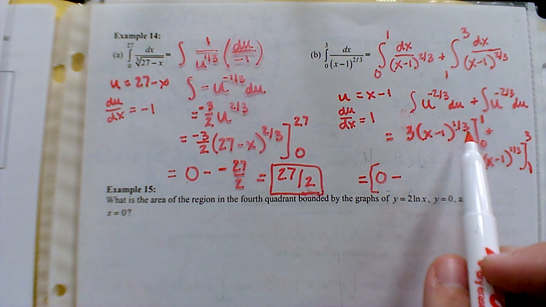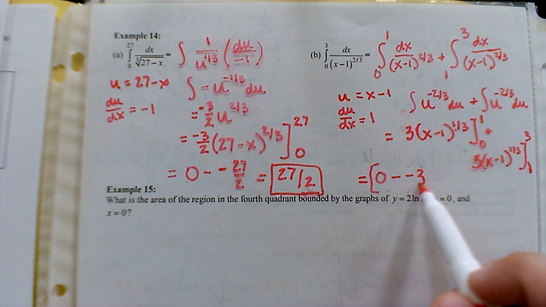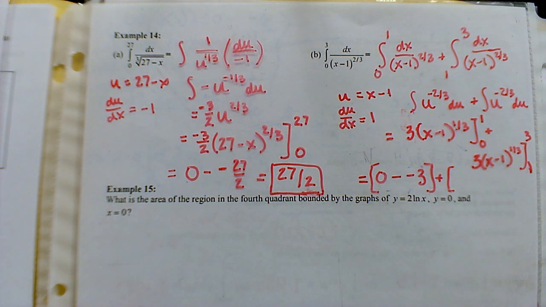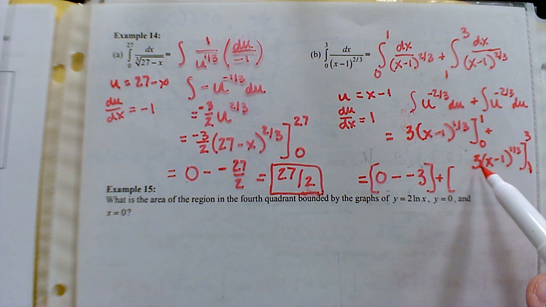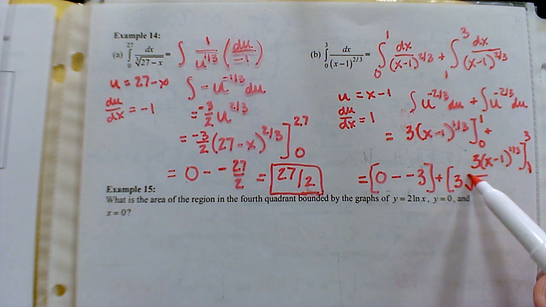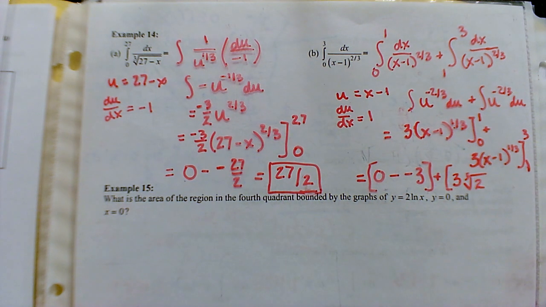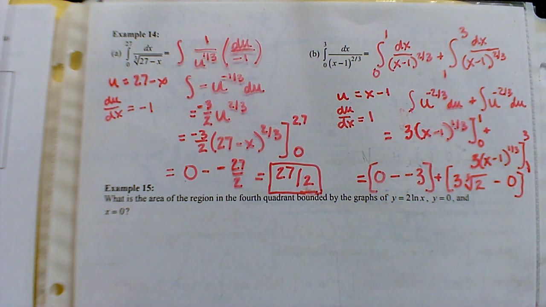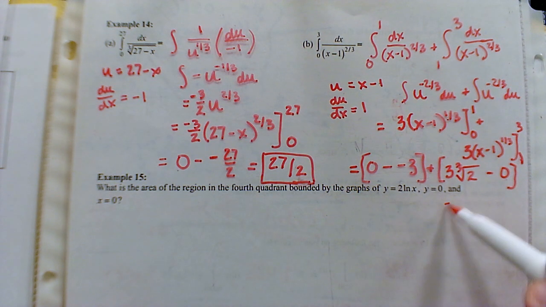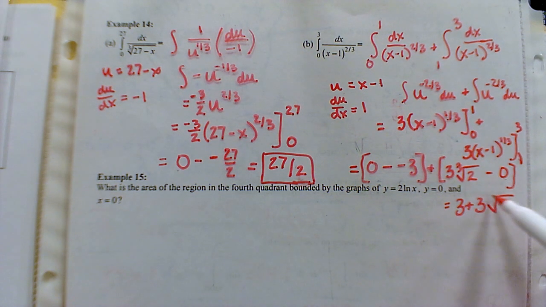Let's see, negative 1 to the 1/3 power would be negative 1 times 3, which is negative 3. For the next set, we'll do top minus bottom. We'll have 3 times 2 to the 1/3. But that's the same as 3 times the cubed root of 2 minus 0. So it looks like our area value is 3 plus 3 times the cubed root of 2.